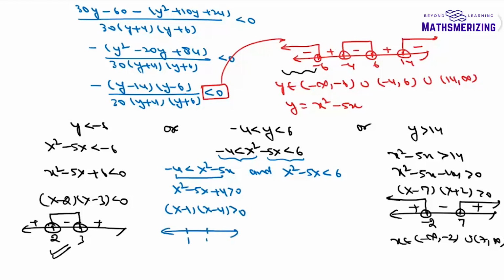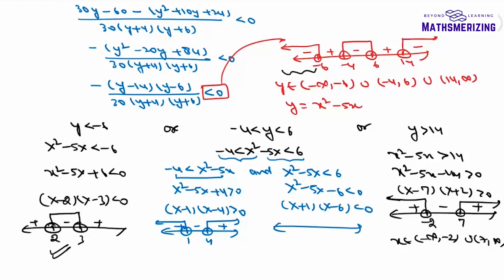So this is 1 and 4, plus, minus and plus. I need plus. And for the second part, I'll write it as x square minus 5x minus 6 is less than 0, which is (x plus 1)(x minus 6) is less than 0. Minus 1 and then 6, which is plus, minus and plus. So I'll take minus.